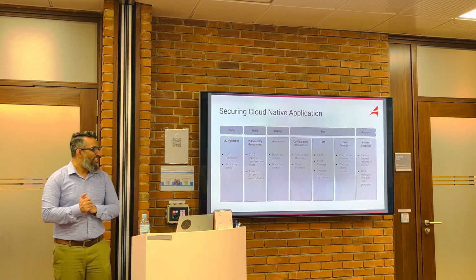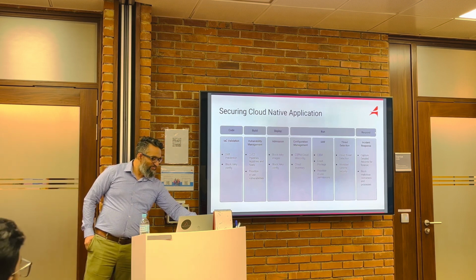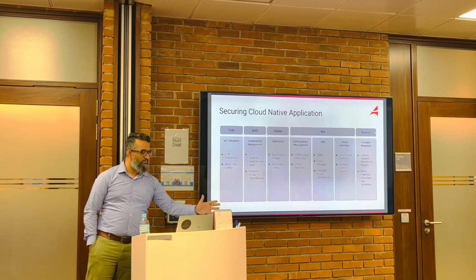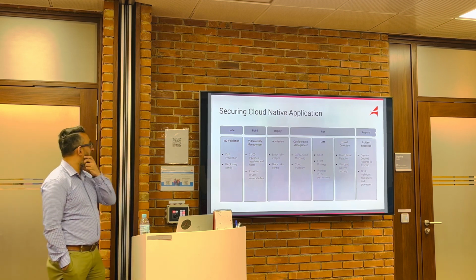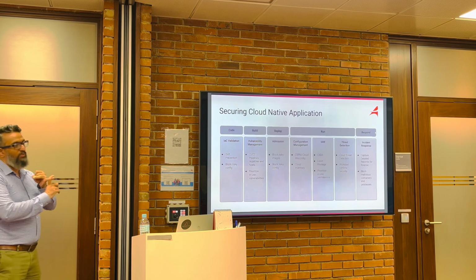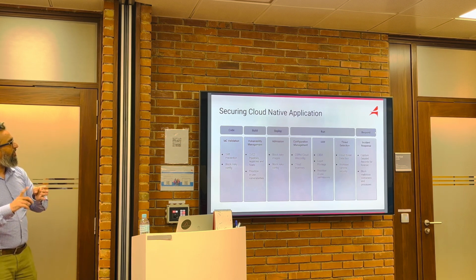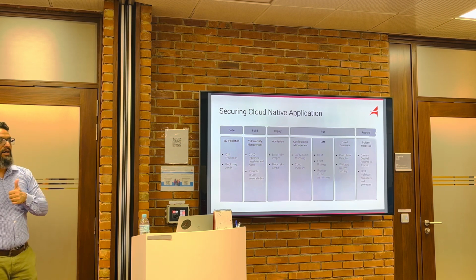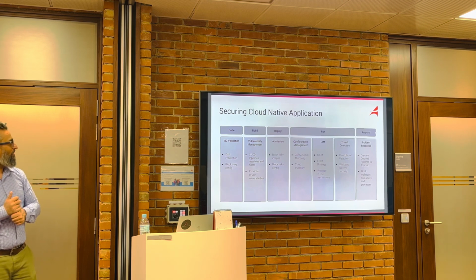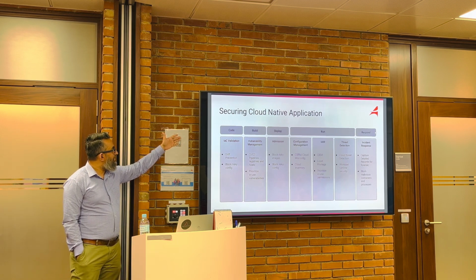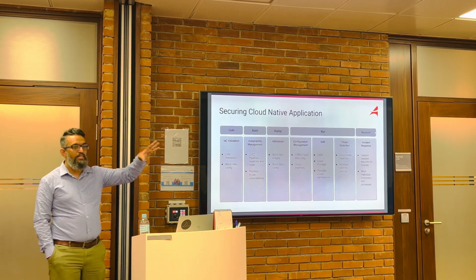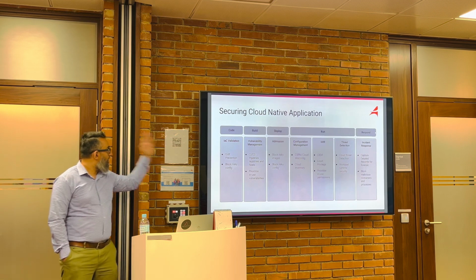Okay, right. So in securing a cloud native application, you basically code it, build it, deploy, run, and finally respond and do a forensic analysis and all that incident part, right? One way you could do it is at the code level, where you create the infrastructure as code and you validate it.